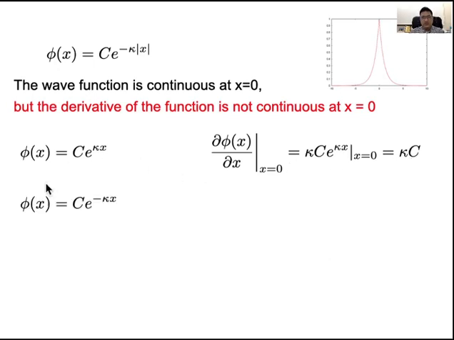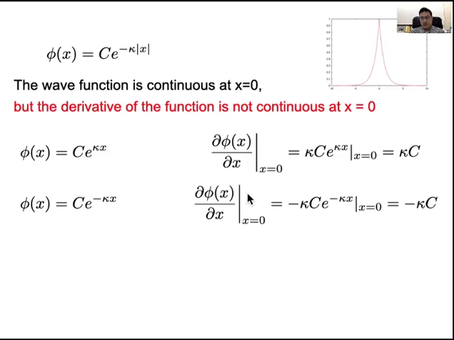And when I take the wave function in the negative x direction, I can take the derivative, and at x equal to 0, I will get plus kappa c. It means that at this value the derivative is not continuous. So kappa c must equal minus kappa c if this is an acceptable wave function, so that the derivative of the wave function is continuous.